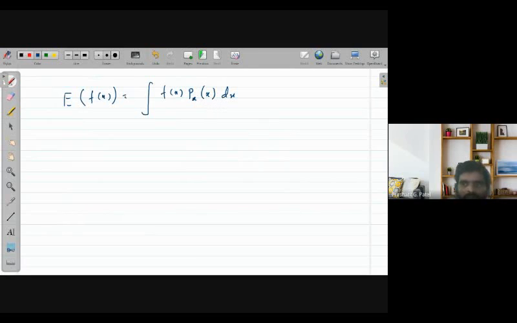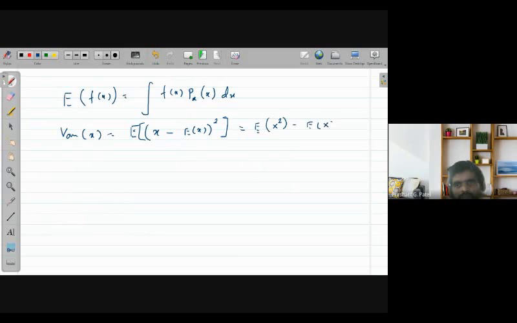The variance of the random variable x can be expressed by two formulas: the expectation of (x minus the expectation of x) whole square, which is known as the variance, or the expectation of x square minus the expectation of x whole square.